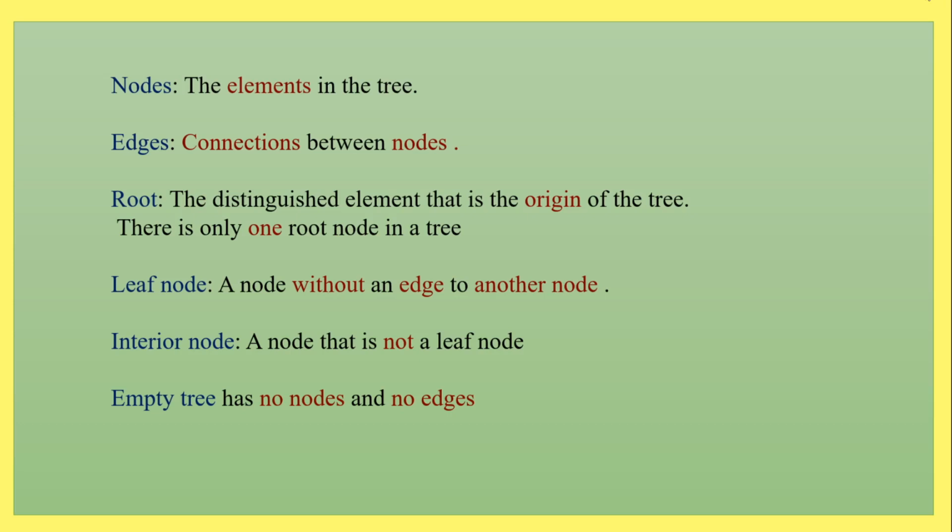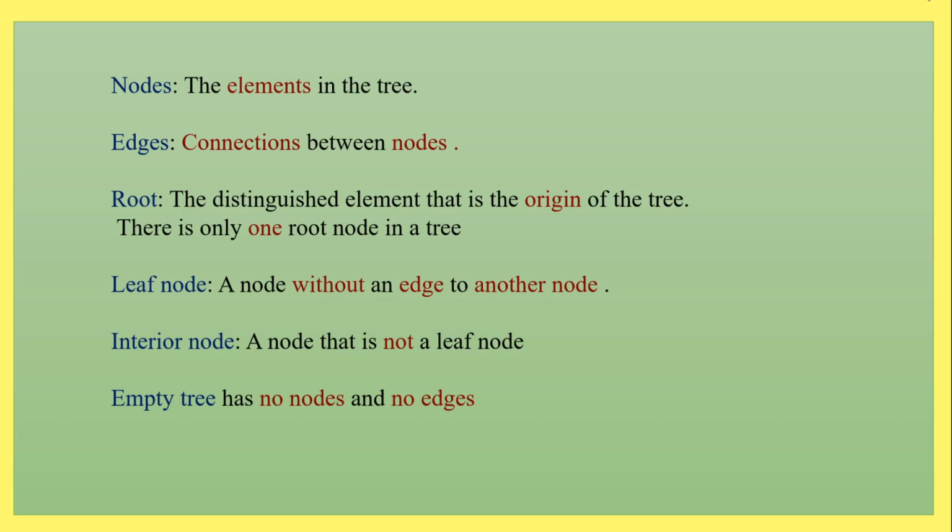Leaf node, a node without an edge to another node. It means the current node is not connected to any other nodes. Then these nodes are called leaf nodes or terminal nodes. Interior nodes are also called non-leaf nodes, non-terminal nodes.